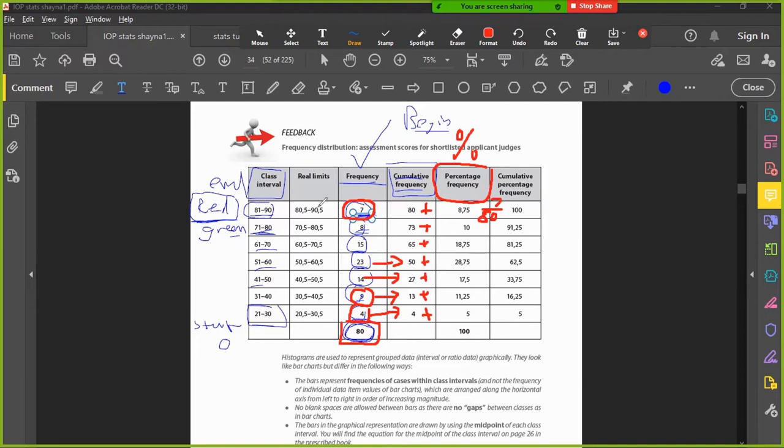Okay, remember, it's the observed frequency divided by the total of everything. So then the next one would be 8 divided by 80. Yeah, 8 divided by 80 is 10%. That we did earlier in a separate question. Are you happy with that column? Yes. Okay, now how do you get cumulative percentage frequency?